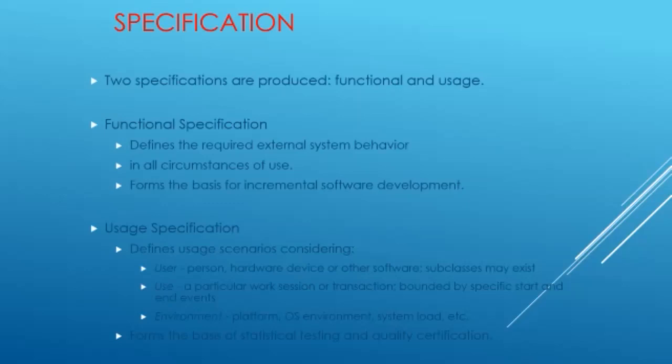Subclasses may exist. Use a particular work session or transaction bounded by specific start and end events, environment, platform, OS environment, system load, etc. It forms the basis of statistical testing and quality certification.